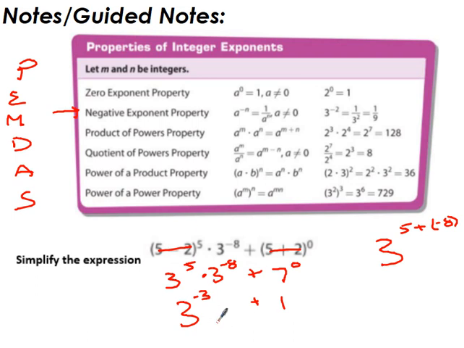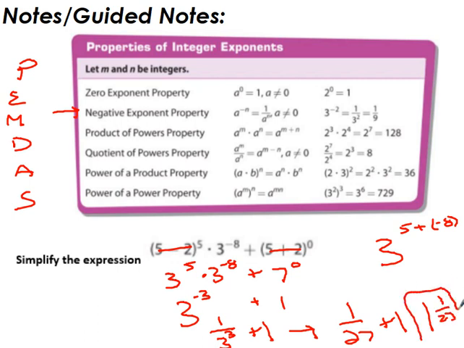So this is going to become 1 over 3 to the positive 3rd power, plus 1. 3 to the 3rd power is 27. 3 times 3 is 9, times 3 is 27. So that's going to be 1 over 27 plus 1, which is just 1 and 1/27. And I'm done. There's nothing else I need to do.